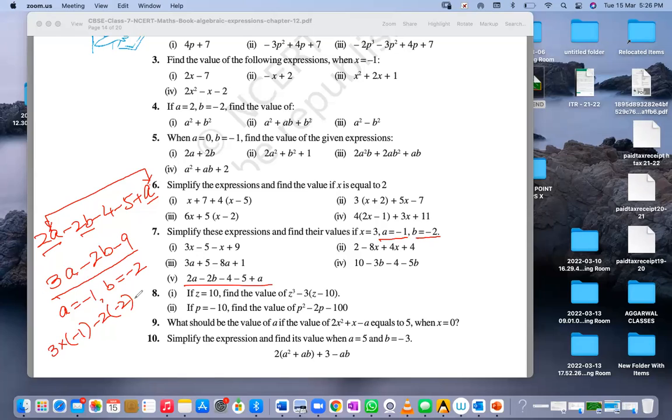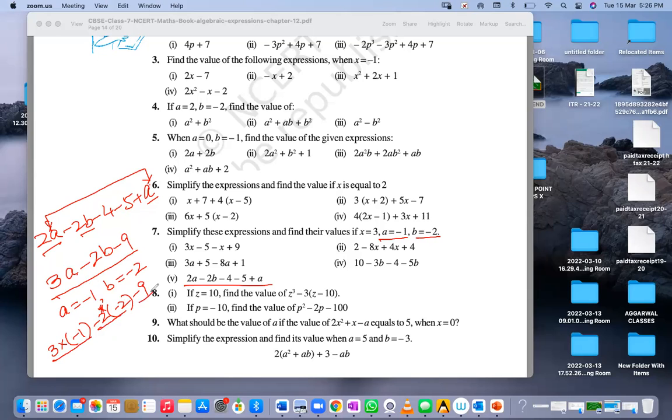If you don't write like this, you are not going to get marks, and even you will do a lot of mistakes. Every a is replaced by -1 by putting a bracket here and putting a multiplication sign. Similarly here also I have not written multiplication sign, but it is known that if there is a bracket there, it should be multiplied. And tell me the result now.